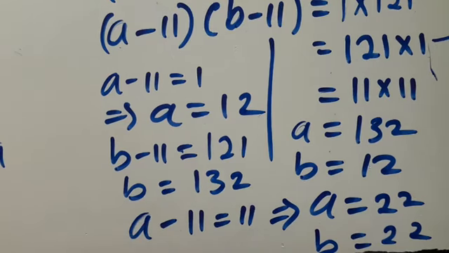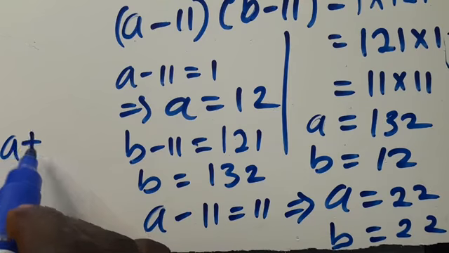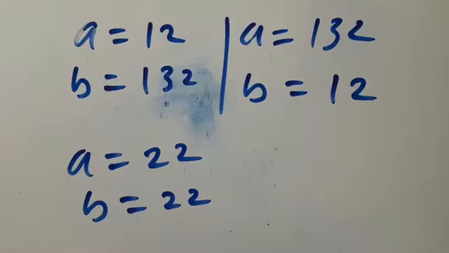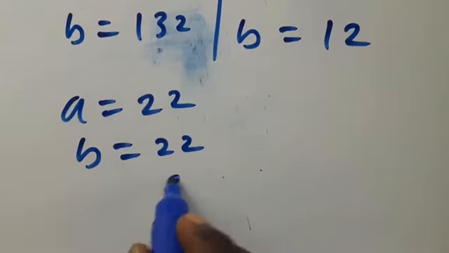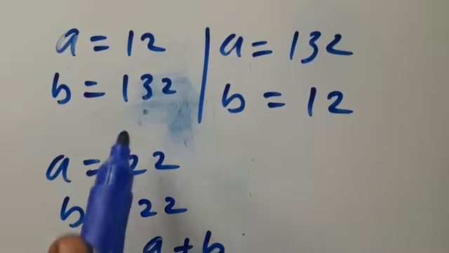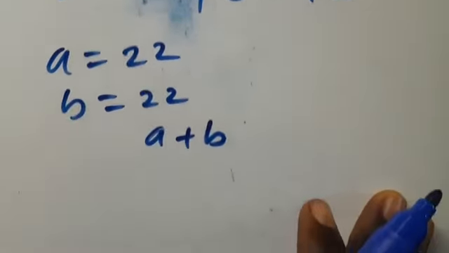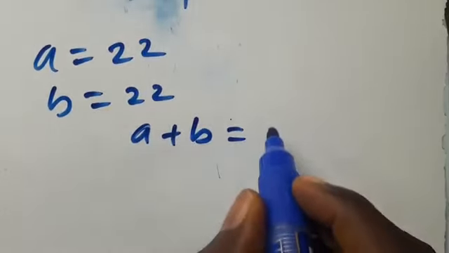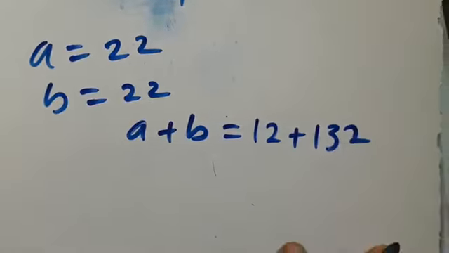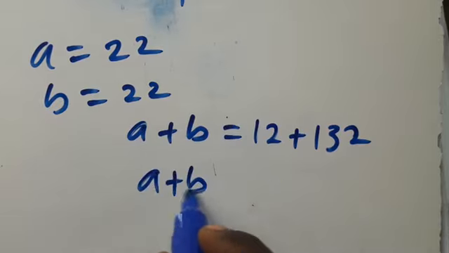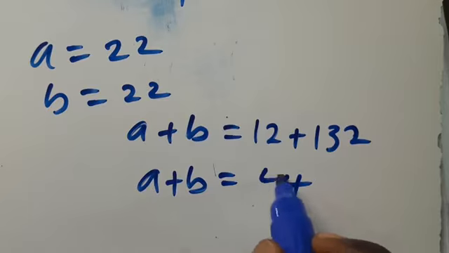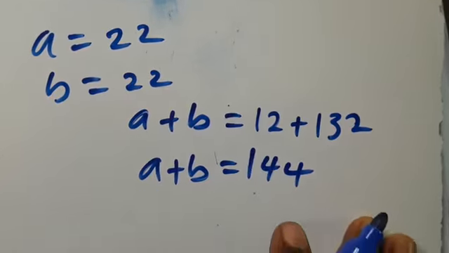Now we want to find a plus b. When we consider this one, we have 12 plus 132, which is 144.